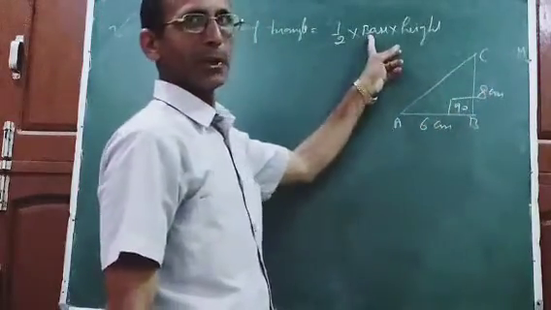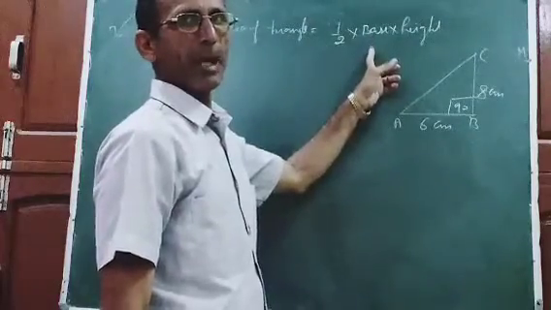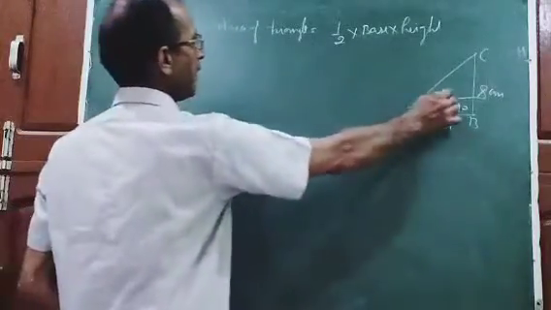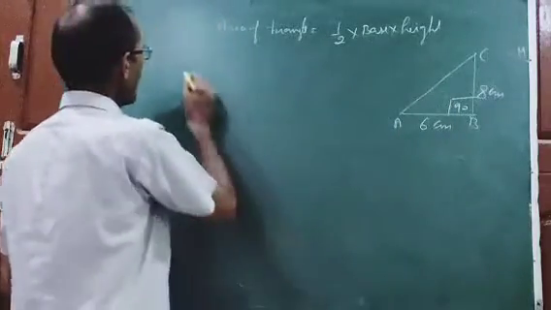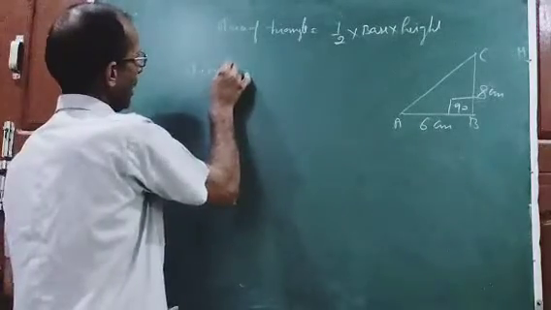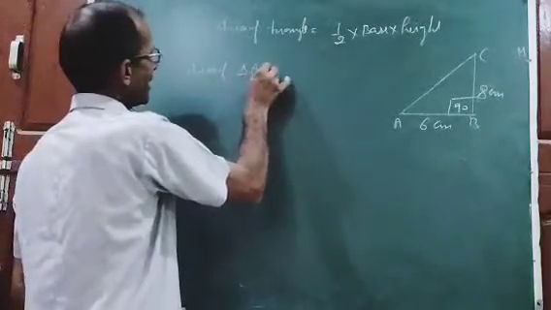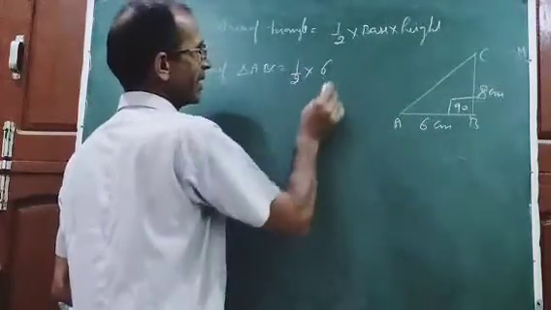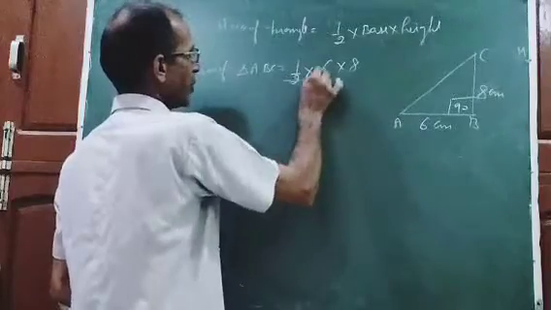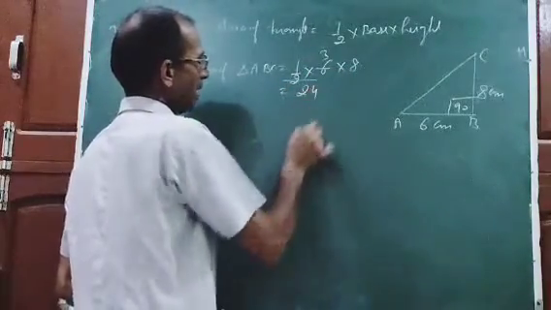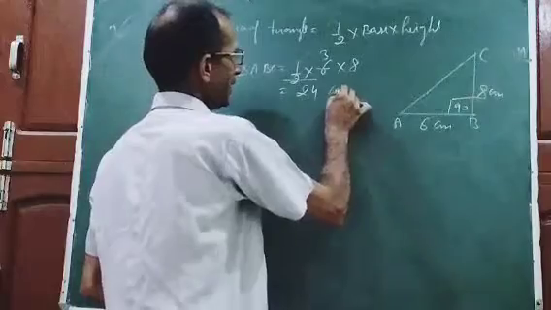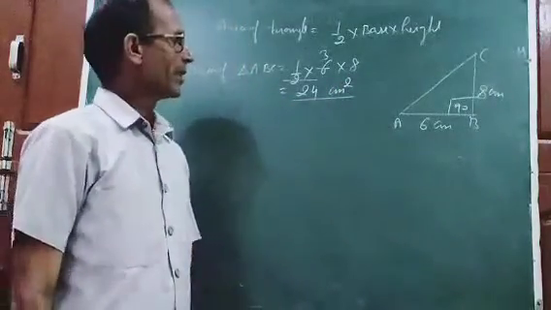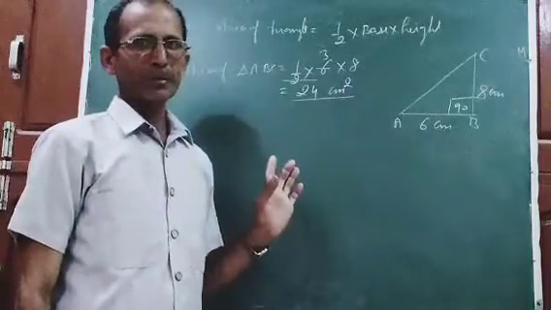So by using this formula, 1 by 2 multiply by base, base is 6 and height is 8. 2 3s are 6. So it will be 24 square centimeter. Any doubt, any confusion? So area of this triangle is 24.